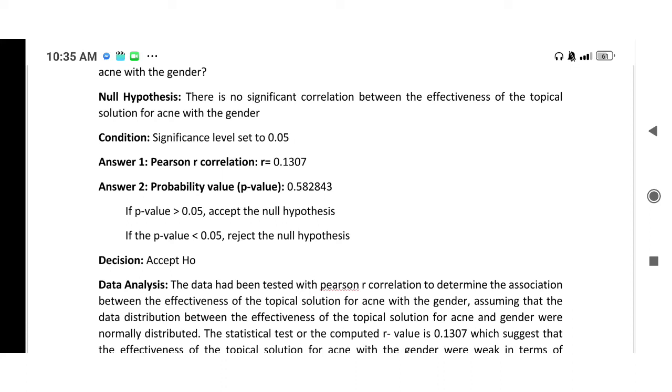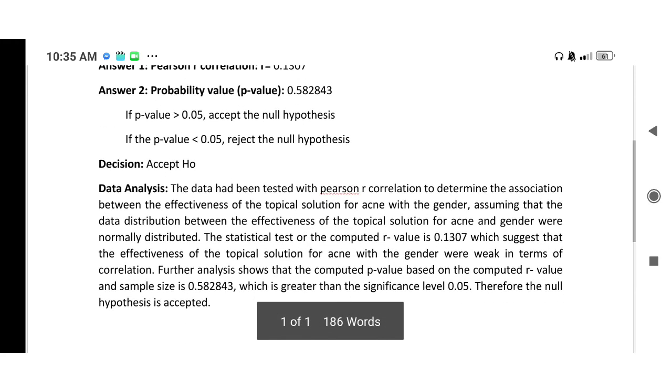Answer number 1, Pearson R correlation is equal to 0.1307. Answer number 2, the probability value or the p-value is equal to 0.582843. So if the p is greater than 0.05, accept the null hypothesis. And if the p is less than 0.05, reject the null hypothesis. So the decision is to accept the null hypothesis.